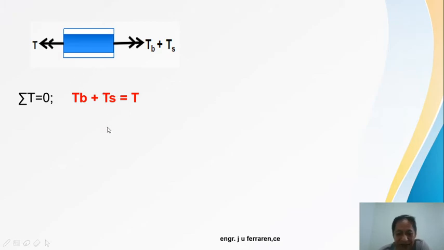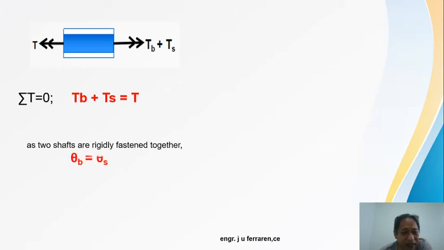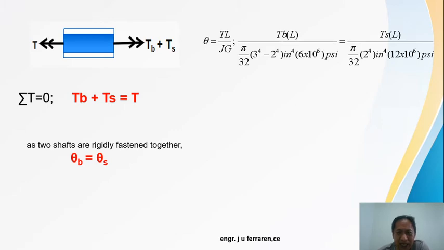Okay, so when they are rigidly attached, it means any twist on the bronze and on the steel must be the same, because they are fastened together rigidly. Okay, so we can have the formula. Okay, so we can substitute.